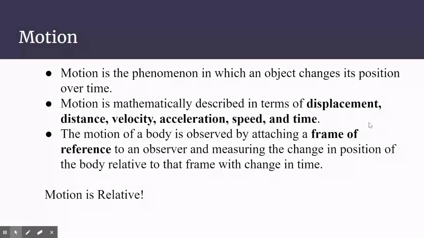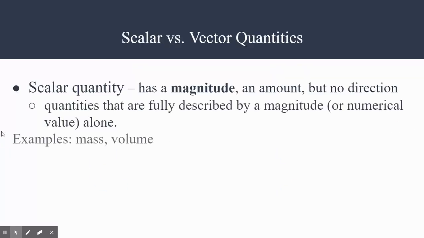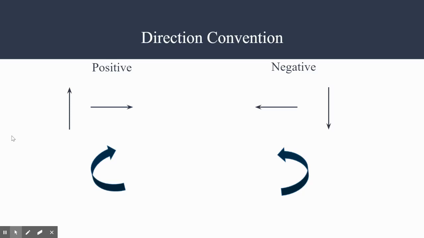And we said motion was relative, and that motion of bodies was observed by attaching a frame of reference. We also said that motion had direction conventions, right? We said that an object in motion can either be described as positive or negative with respect to its reference point. It can be moving in either a positive or a negative direction.